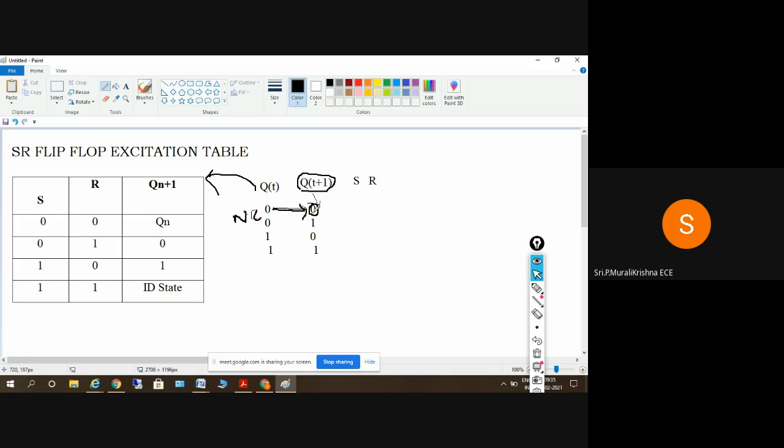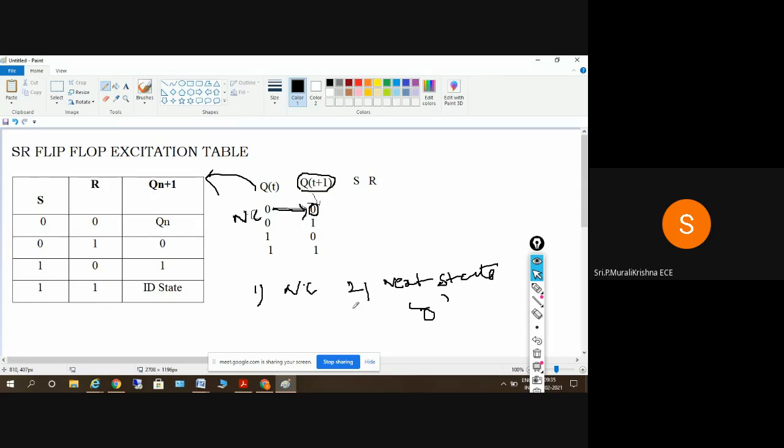This is the next state, and the next state should be equal to 0. So I have to check the next state column for 0.